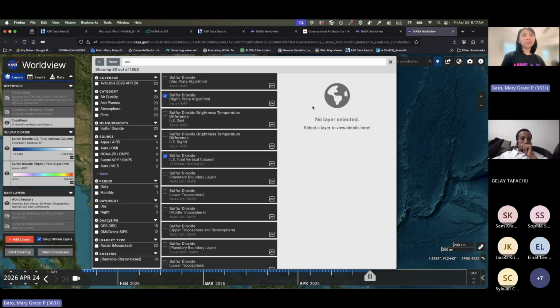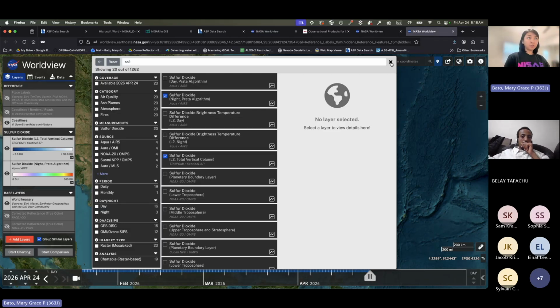These two data sets provide you SO2 information, but they sense different things, basically. They are looking at different slices of the atmosphere. TROPOMI, or Sentinel-5P, gives the total vertical column. I think it's more sensitive from the ground up to 15 kilometers. Whereas with AIRS on Aqua, you're seeing mostly the top of the atmosphere.